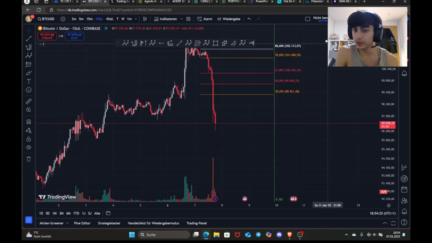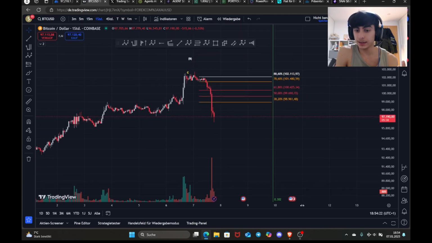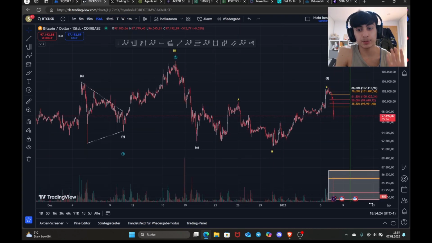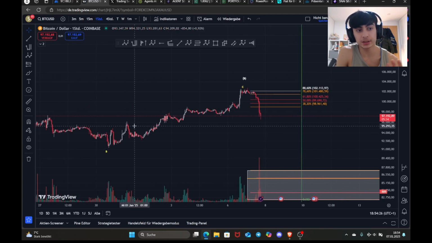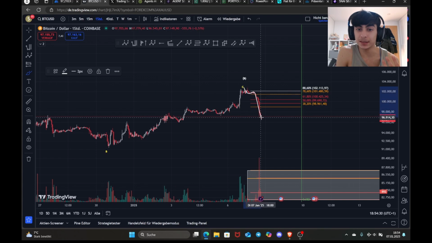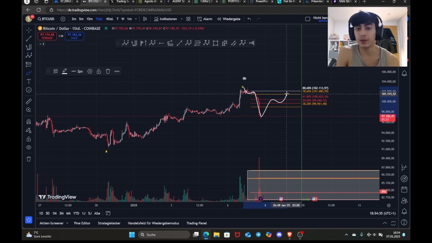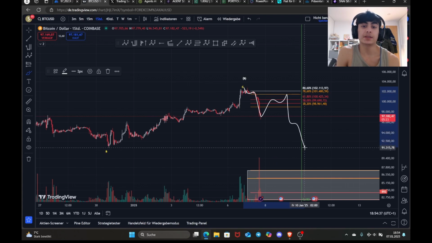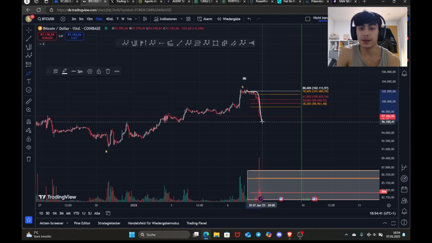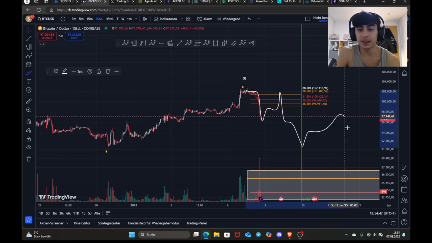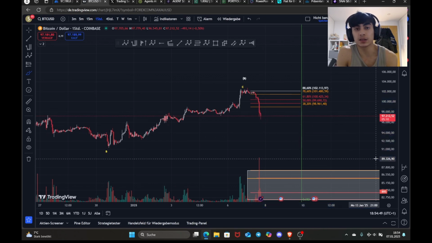But even if you count it as an ABC, as I said, we preferably enter-correct the structure after this green line. So if this is an ABC, this could also be a wave W, a wave X, and then another ABC to the downside. Or this could be an ABC of a wave 1, right? You could see an ABC, an ABC, ABC, and ABC, and a diagonal. That's also possible.